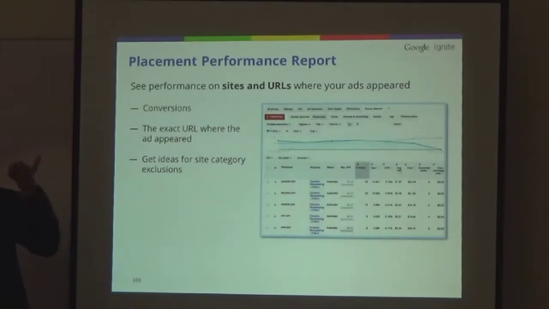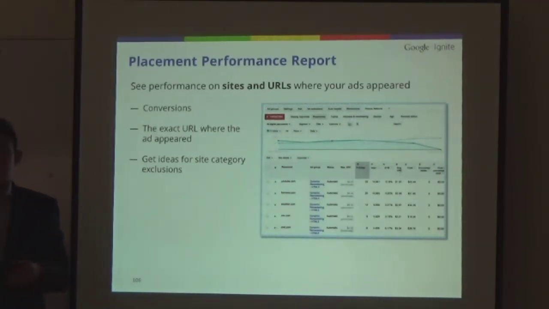The URL of the site that shows your ads will be recorded and reported there, where the customers find your site. And the conversions that took place on the sites where you placed the ads will be recorded there as well.